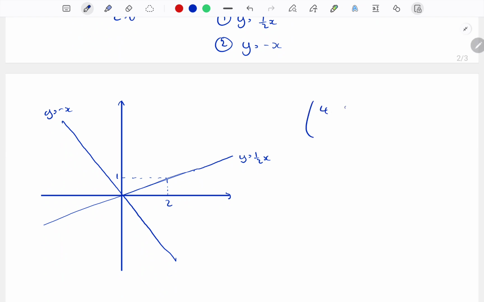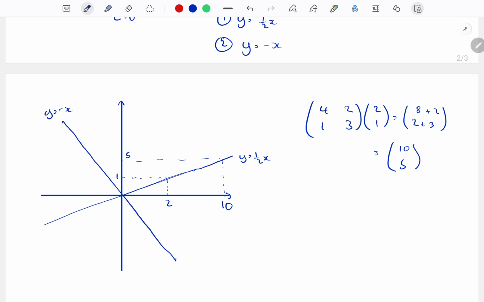So 4, 2, 1, 3 times 2, 1 is equal to 8 add 2, 2 add 3, which is 10, 5, which also will, this is definitely not to scale by the way, also exist on y equals 1/2 x.